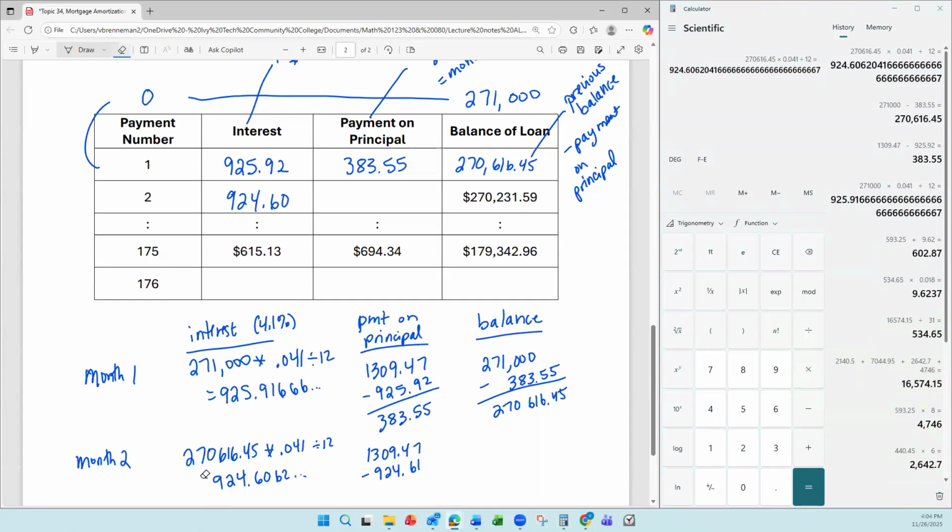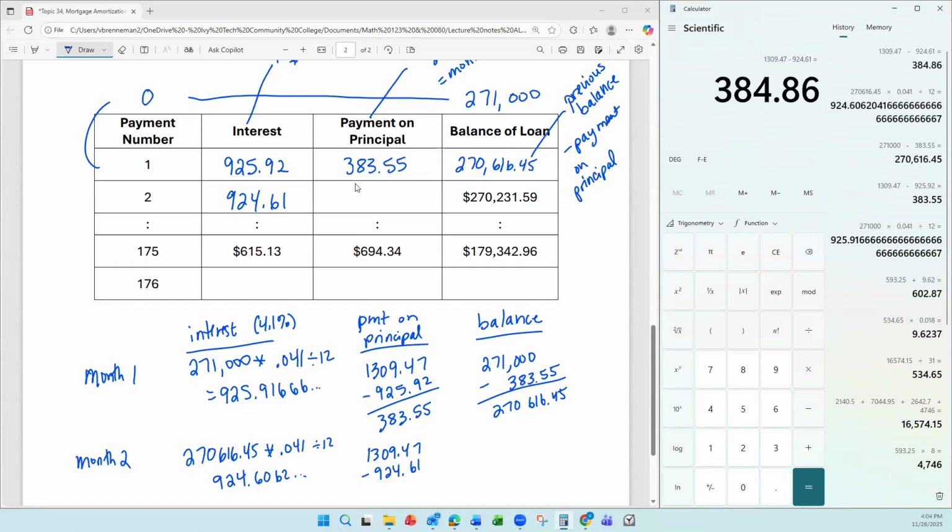Sorry, that would round to 924.61, not 60. So for the interest, 924.61. Payment on principal, it's going to be the 1309.47 minus 924.61, 384.86. You see that going up slightly as the interest goes down, payment on principal goes up. And I'm just going to check the balance, even though it's already there. This will give me a confirmation that I've done things right.